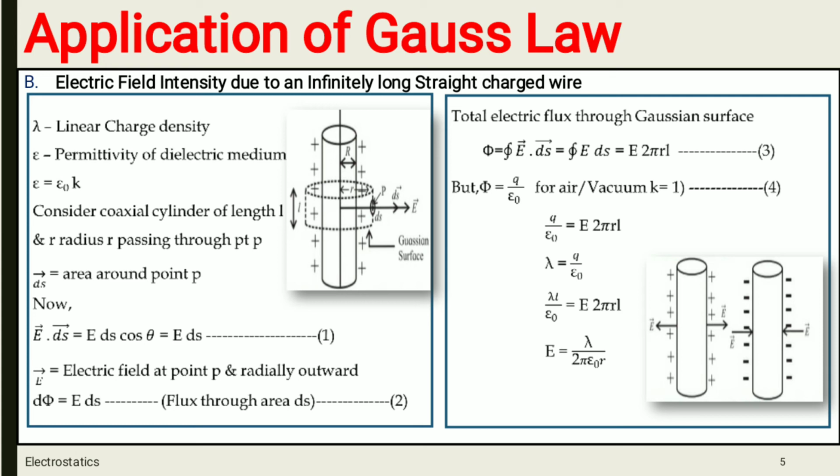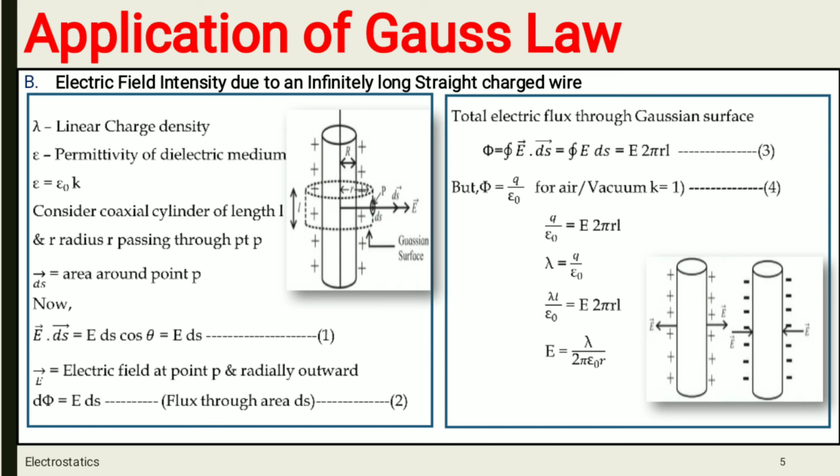The direction of the electric field E is outward if lambda is positive, and the electric field is directed inward if lambda is negative.